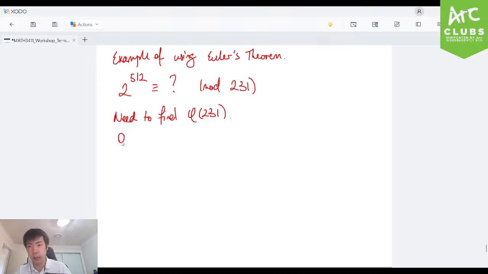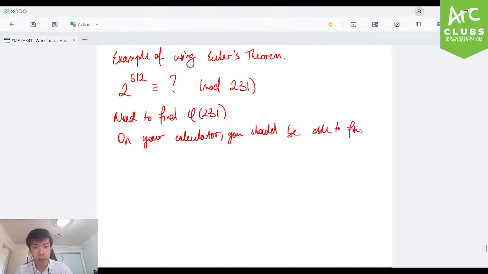So you should be able to find a button or a yellow text that says fact.